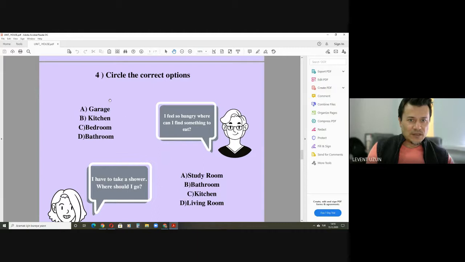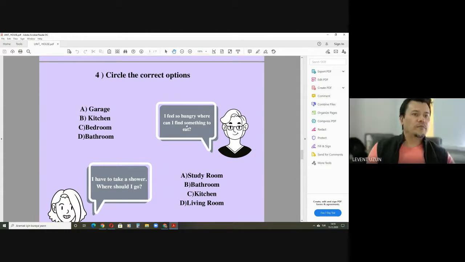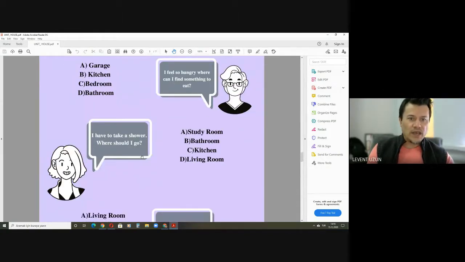What can we use instead of these pictures, for example? Can I use a plate of food instead of this? Yes, it can be. Or if I had put a pizza or a hamburger or something that we can eat, then they would go and check kitchen, right? So they would circle this.